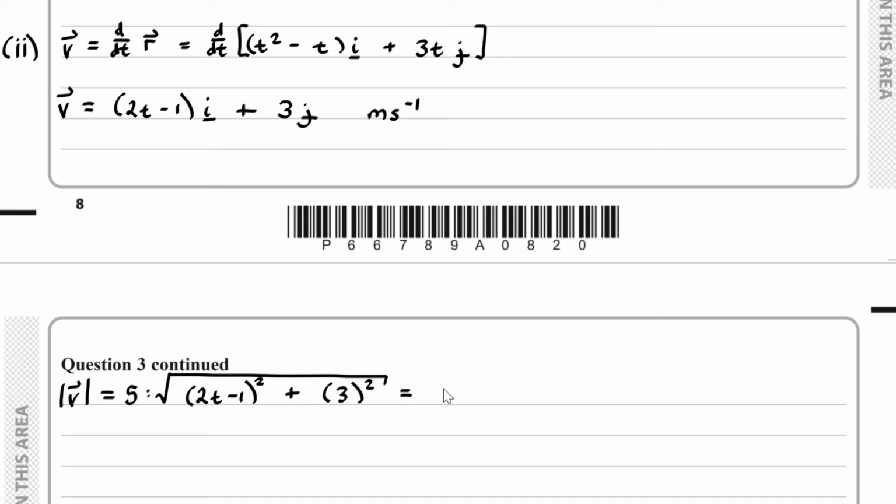This is equal to 5. So if we square both sides, we have (2t minus 1) all squared. Now 3 squared is 9, and squaring the 5, we end up with 25.